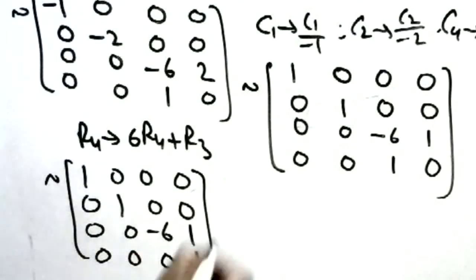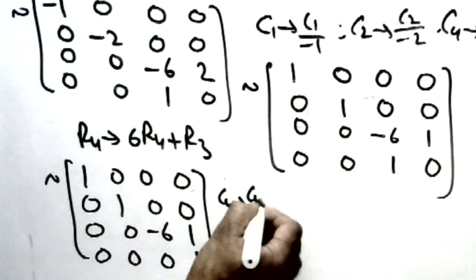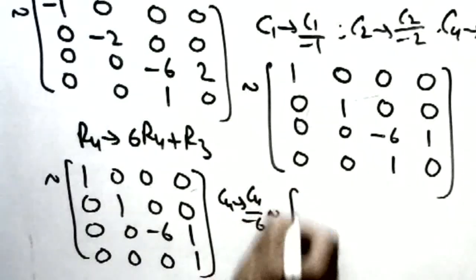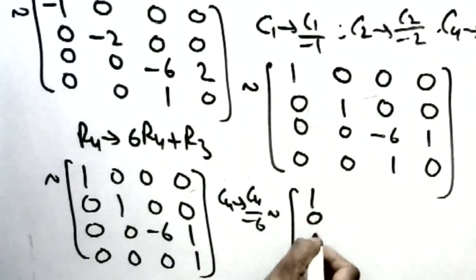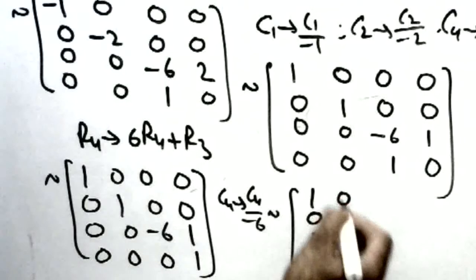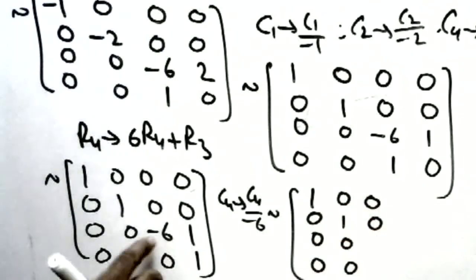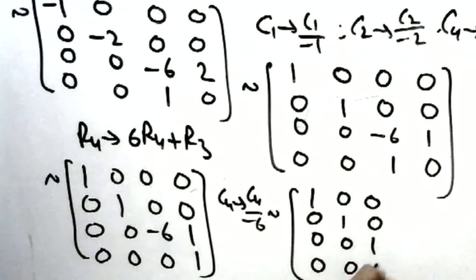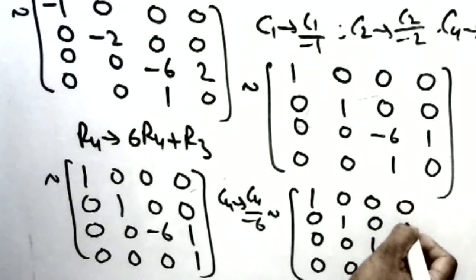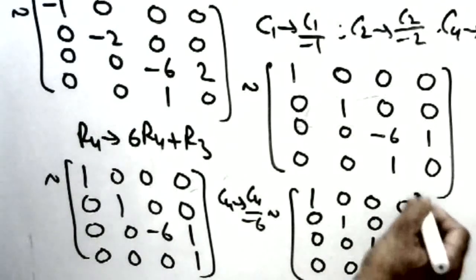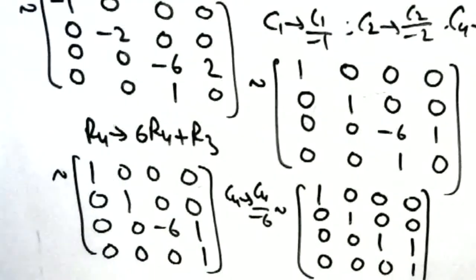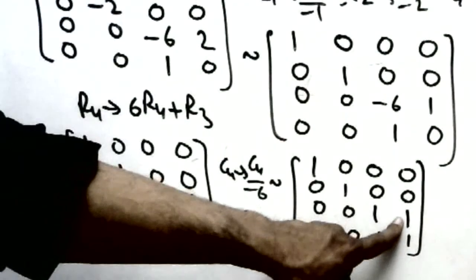Now the last step. Okay, let me take minus 6 common here. C4 implies C4 by minus 6. So it will become 1 0 0 0, 0 1 0 0. We have taken minus 6 common, so it will become 1 0 0 0 1 1. So lastly we are left with 1 here.